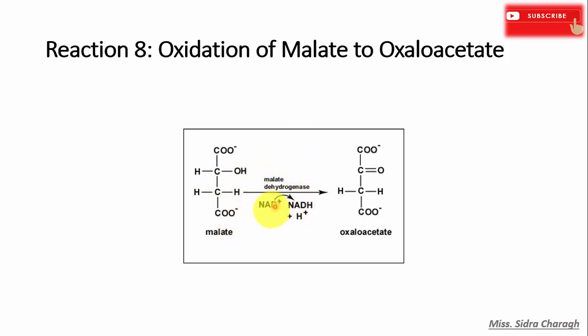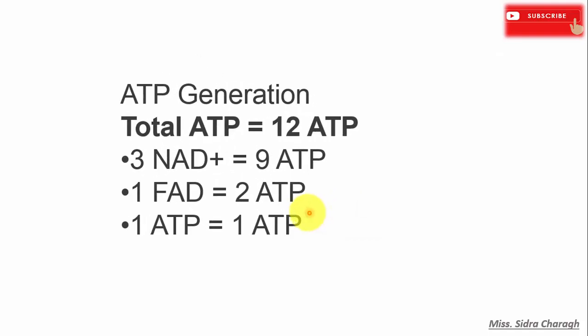During this reaction, NAD is reduced to form NADH and H positive ion, and the net ATP generation is 12 molecules of ATP. 9 ATP molecules come from 3 NADH molecules, 2 ATP molecules come from 1 mole of FADH2, and 1 ATP, and they all together result in 12 molecules of ATP.